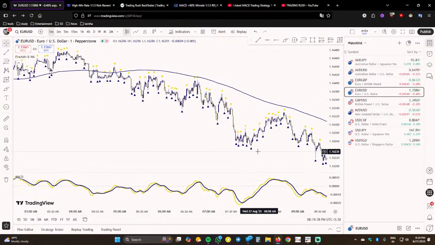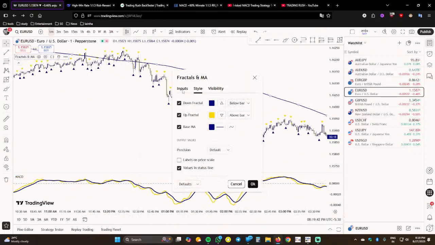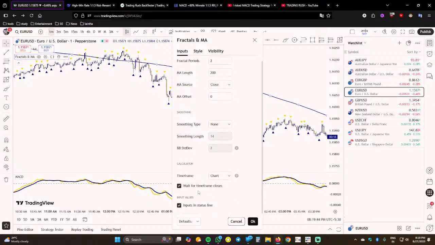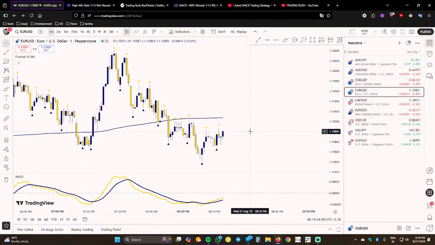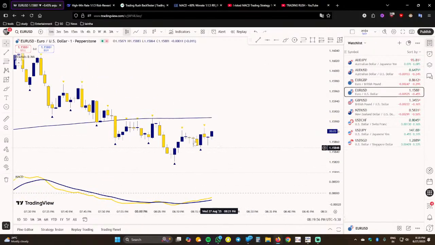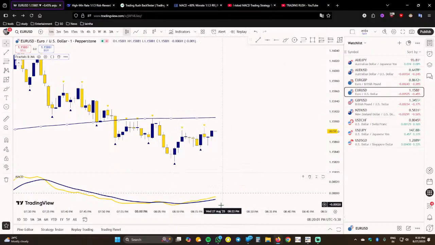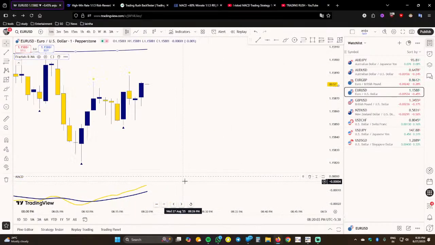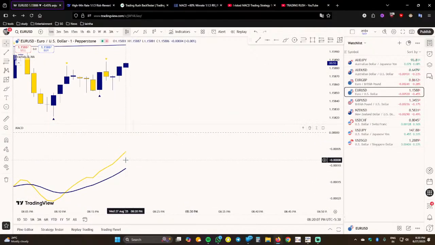because MACD, of course, until the candle closes, the values are not final. But TradingView has a feature, wait for time frame to close. Enable that, and then you will be waiting for the candle to close before you make any decision. So if I disable this, you can see it fluctuates.